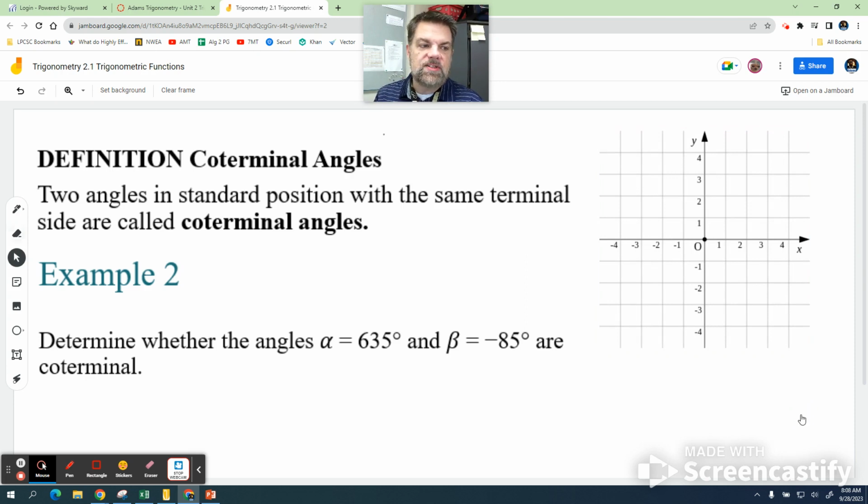I'm going to do it as I explain it because maybe it'll make more sense. If I think of alpha being an angle that is 635 degrees, that means that I am going to start my angle right here, right?